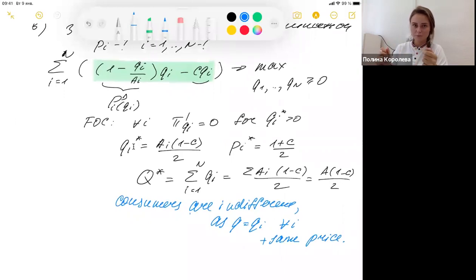It was the first problem, the hardest one. Then we considered vertical stages when we have both monopsony and monopoly, and what happens if one stage is merged with a supermarket.